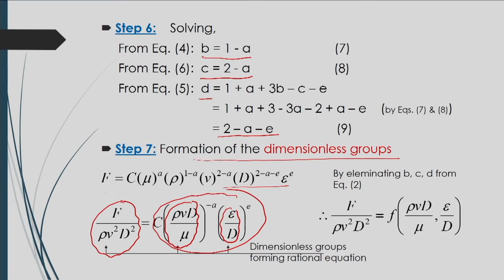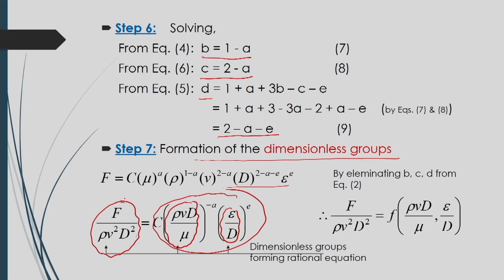You just check that rho v d by mu is dimensionless, epsilon by d is also dimensionless, and f by rho v square d square is also dimensionless. So, these three dimensionless groups are formed, and they are interrelated like this. Suppose you are considering the dependent variable to be f, the flow resistance.